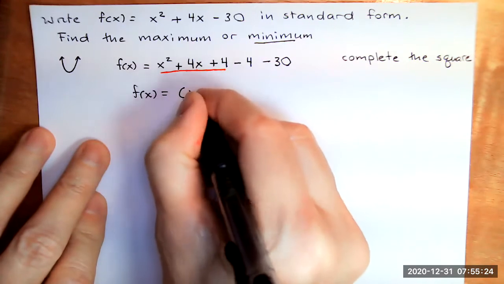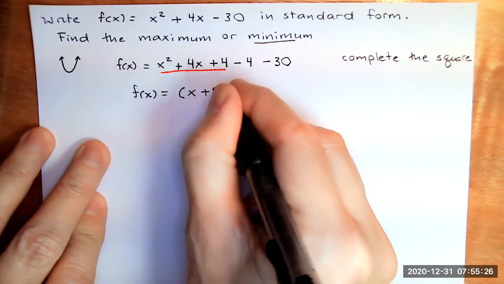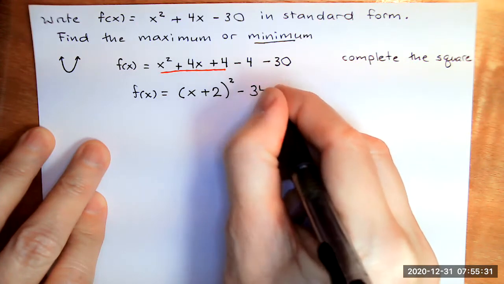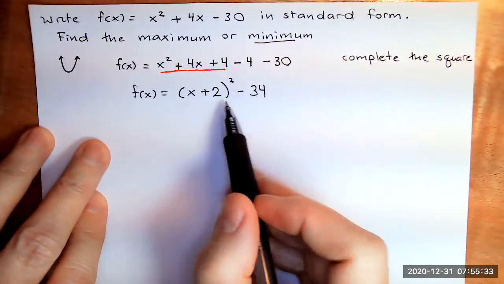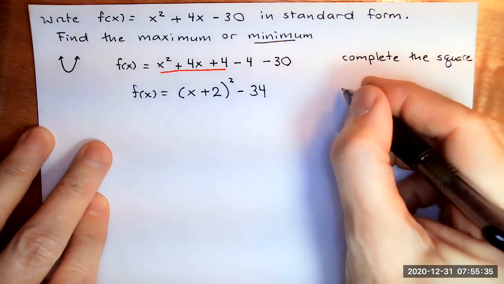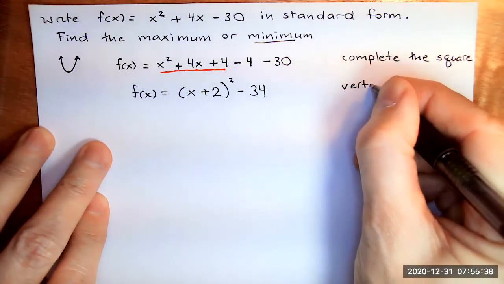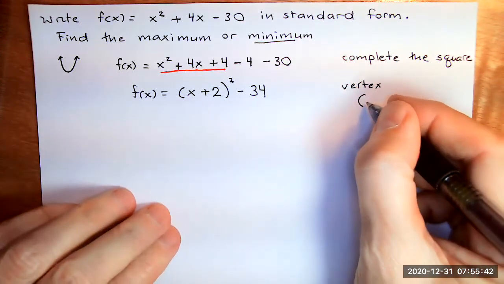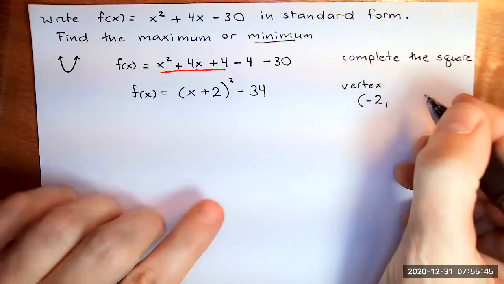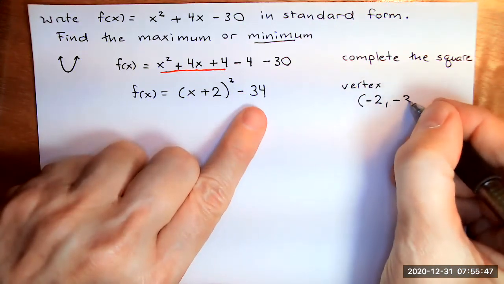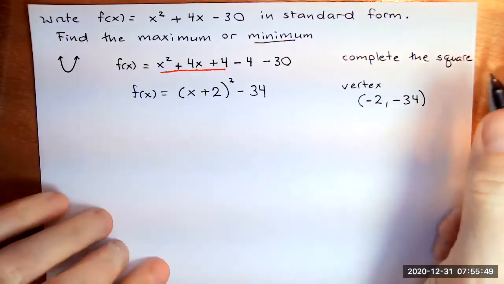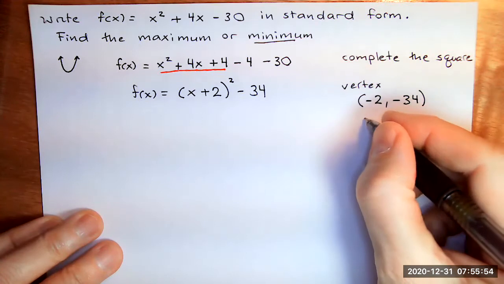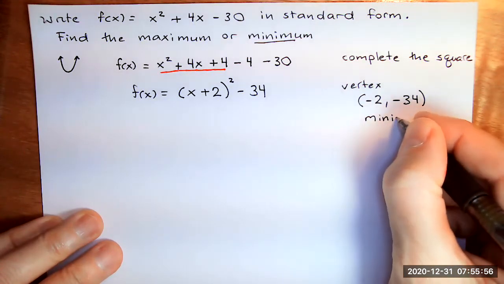So we get x plus 2, the quantity squared, minus 34. And now that it's in standard form, we know that the vertex is, and remember it's the opposite of the inside number, but the same for the outside number. And because the leading coefficient is positive, this is going to be the minimum.